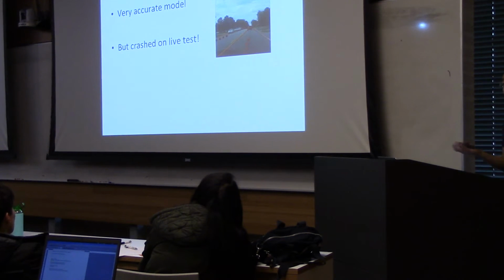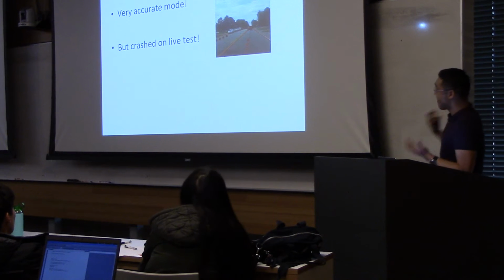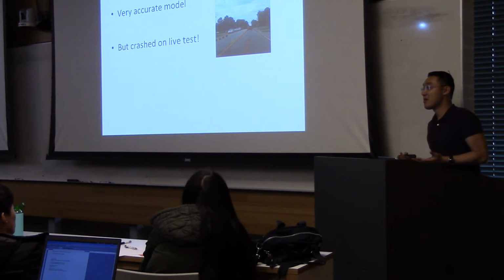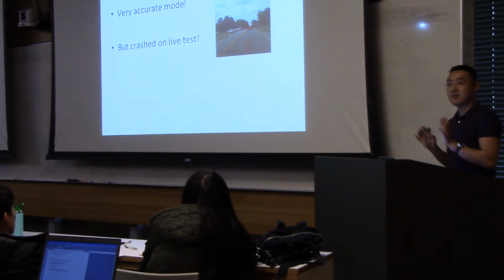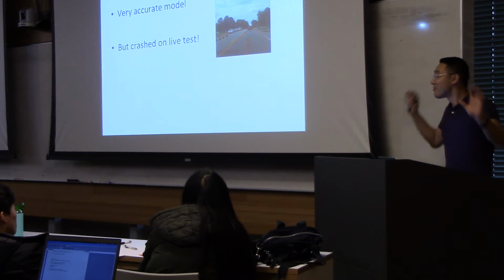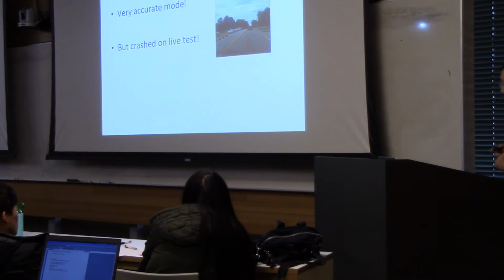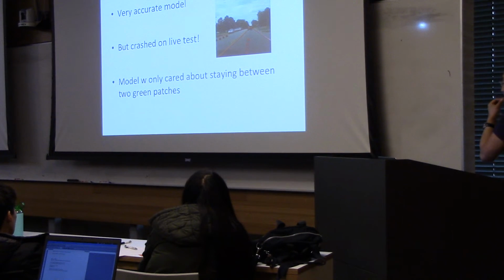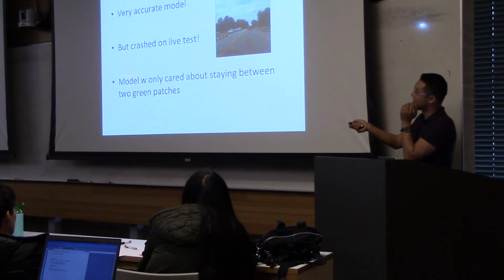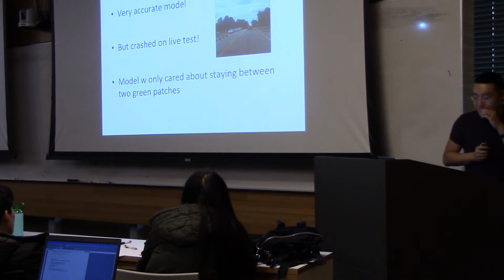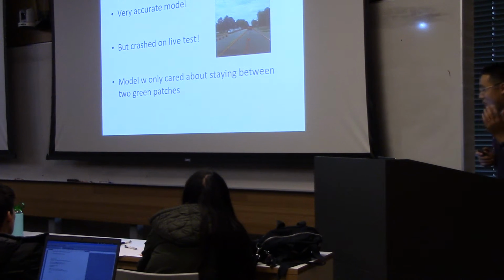What was the result of this project from 30 years ago? Well, a very accurate model on the training set. But when they actually tested it in a self-driving scenario, it crashed almost immediately. What happened? Turned out, when you looked at what the model was learning, and I believe it was a linear model, it only cared about staying between two green patches.